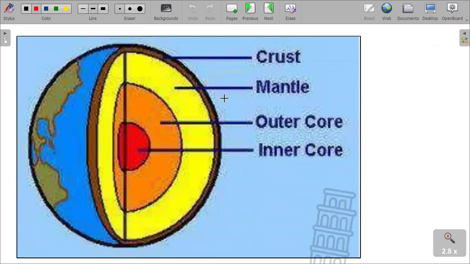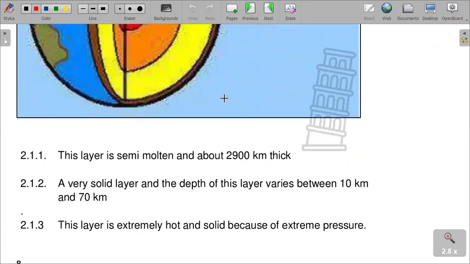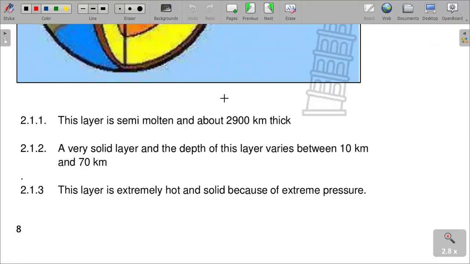Crust, mantle, outer core and inner core. We are given that this layer is semi-molten and 2,900 kilometers thick.